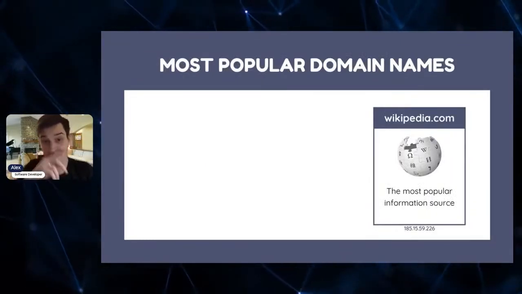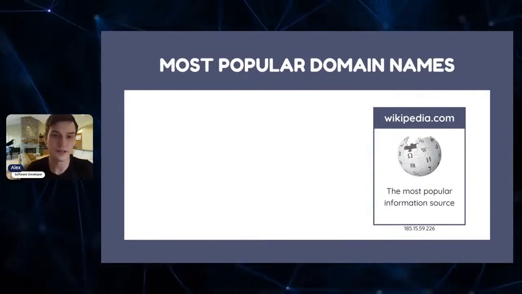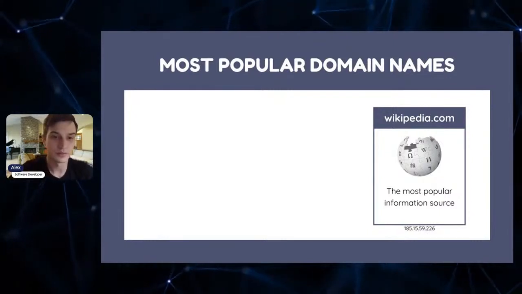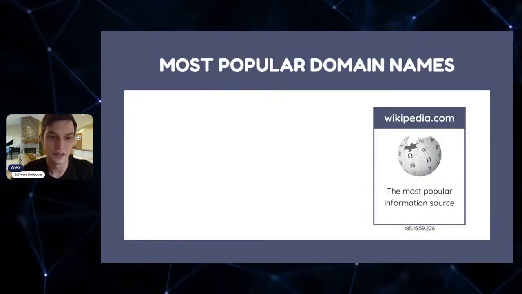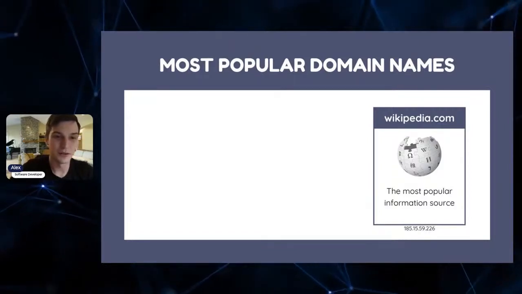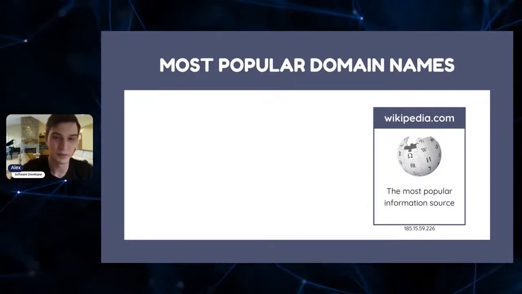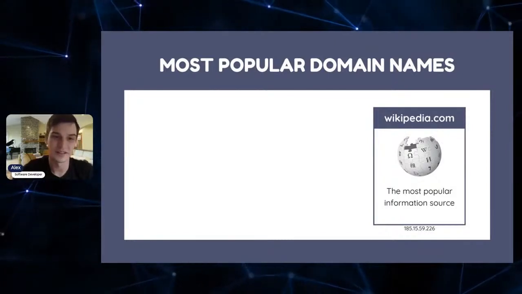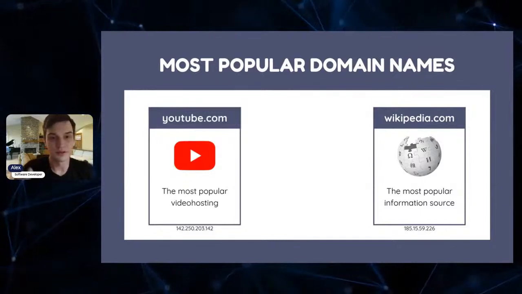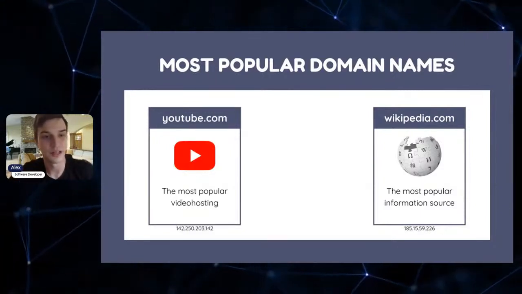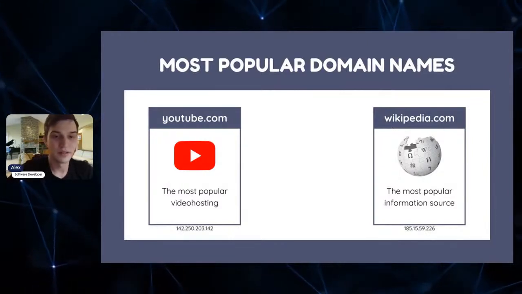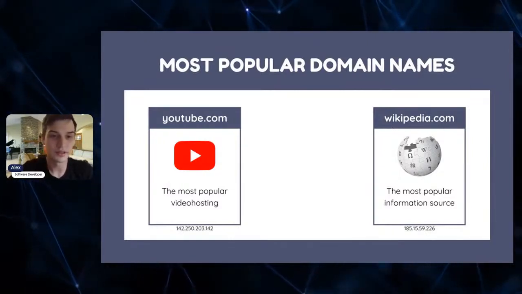So, the most popular domain names. For example, wikipedia.com, the most popular information source. Here is its IP address. I think if you try to remember it, you will forget it in a second, but remembering wikipedia.com is not really hard for people. And then the video hosting which you are using now, or maybe you are not using it now, but it's the most popular video hosting in the world, YouTube.